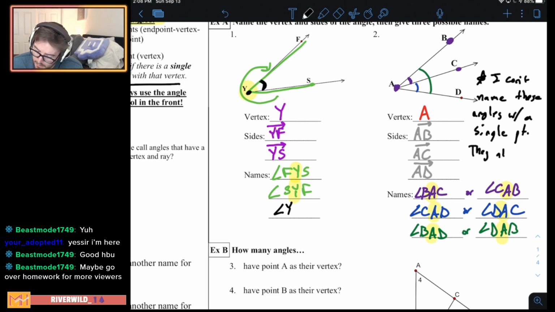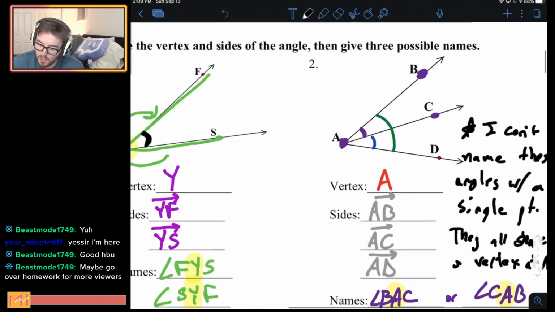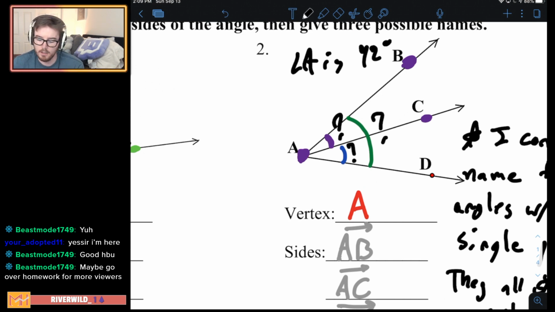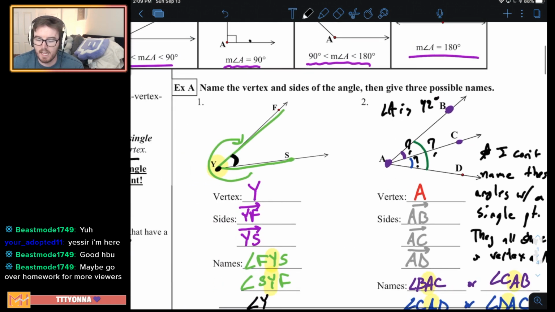They all share a vertex at A. If I were to simply show you this picture and said angle A is 42 degrees, which one am I referring to? The purple angle? The blue angle? The green angle? They all have the same vertex. That's not specific enough. So it's not possible to name it with a single point.